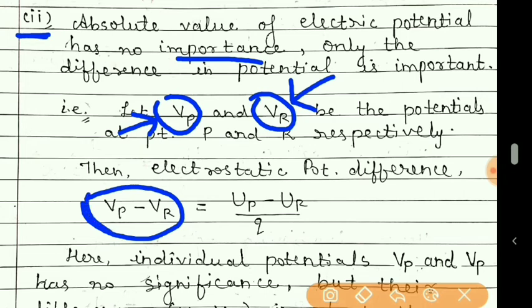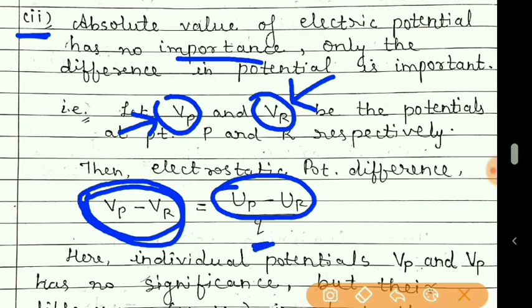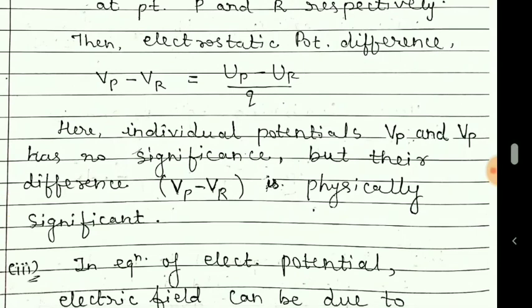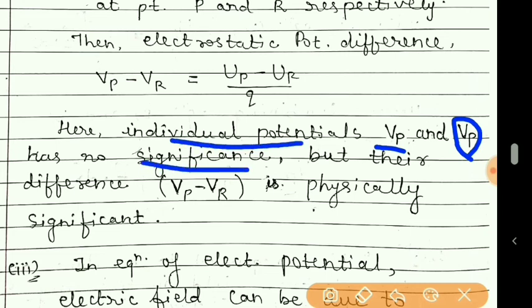In short, the difference in the potentials is very important. And if we take the difference, so in the formula also there is a potential energy difference upon charge Q. Here there is a correction. It should be Vr. So individual potentials do not have any significance, but the difference in the potential has significance or importance.